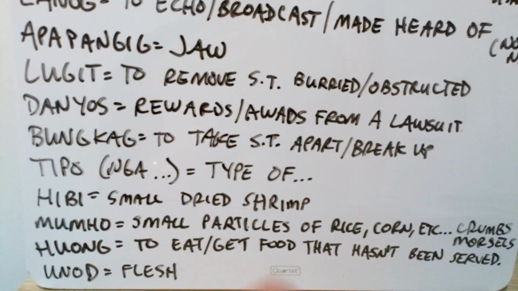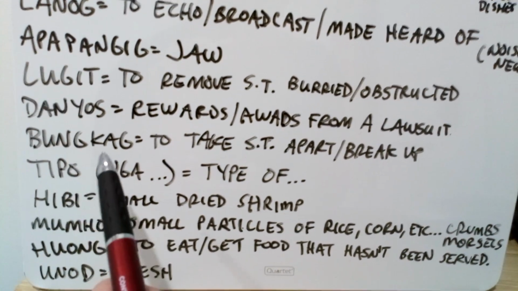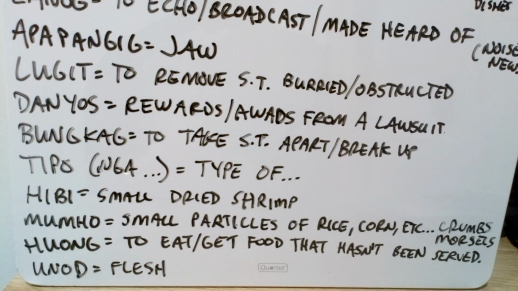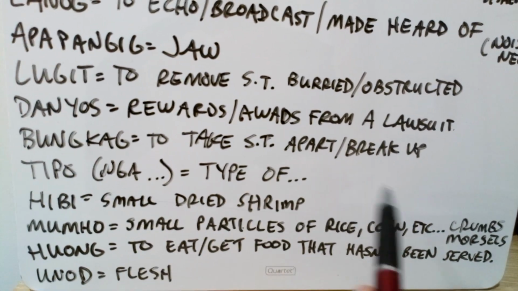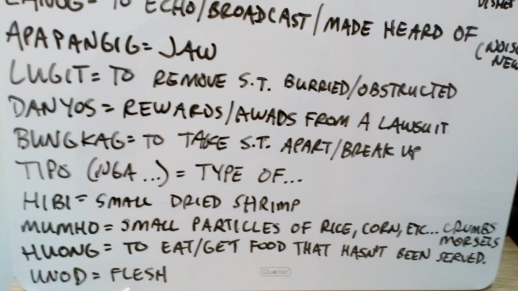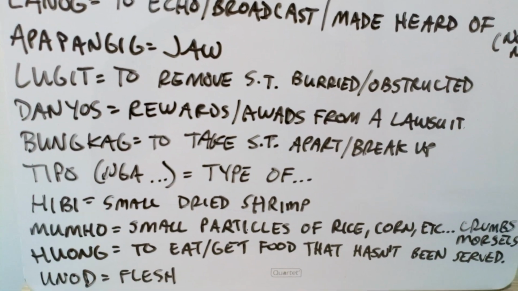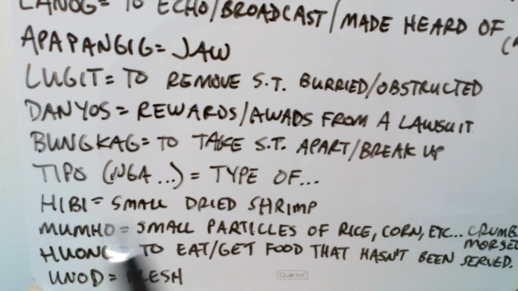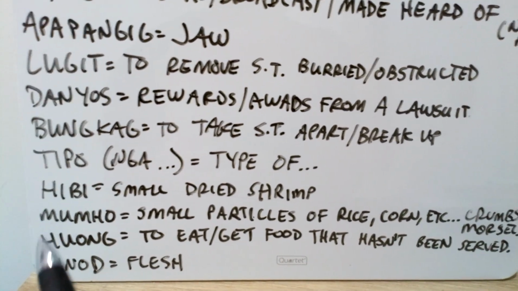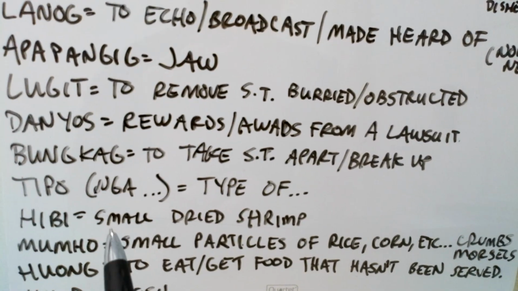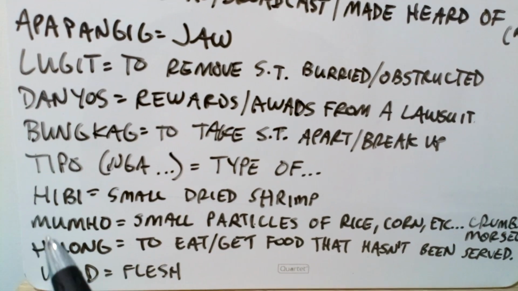I'm opening them and taking things out of them, and that's bungkag. I was constantly looking for something. I can use bungkag to take something apart and break it up into smaller pieces or into its constituents, whatever made that larger thing, right? Or to take away something, in a way, to take apart something.